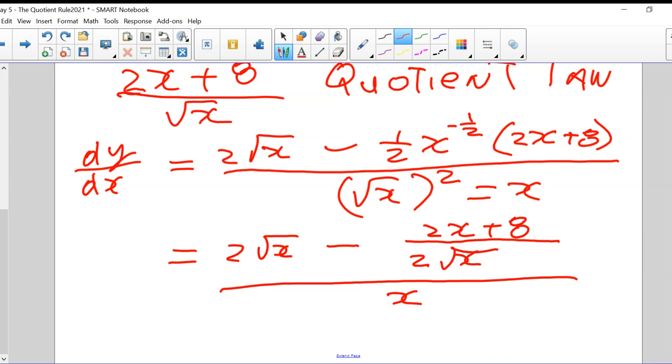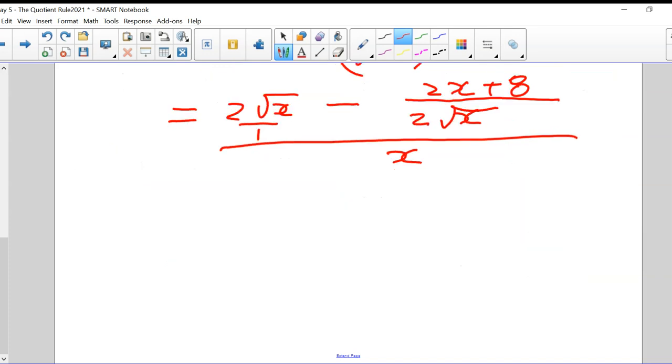Does that make sense so far? Okay, good. So what I'm going to do is put this over 1, because what I eventually want to do is find a common denominator for the top part of the function, this part up here. I think a common denominator will probably be 2 root x.